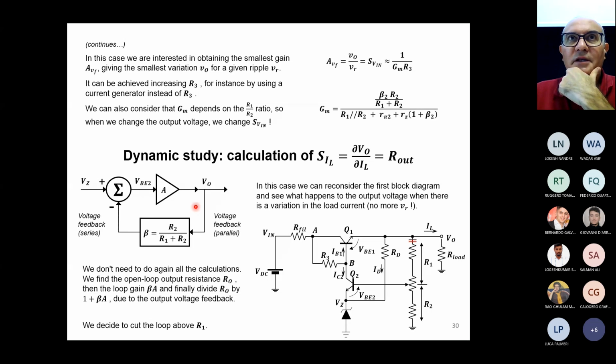One way to calculate this, if you remember, is to calculate the output resistance when we don't have any feedback, and then divide by the open loop gain of the system. And we are going to do this in this case, trying to do as little calculation as we can. So we don't want to waste time doing a lot of calculation again. So if you read here, we are able to find the open loop resistance RO, and then we know the loop gain beta A, we can divide RO by 1 plus beta A, and we find the output resistance with feedback.